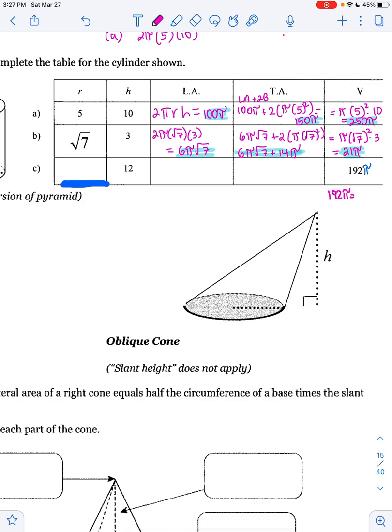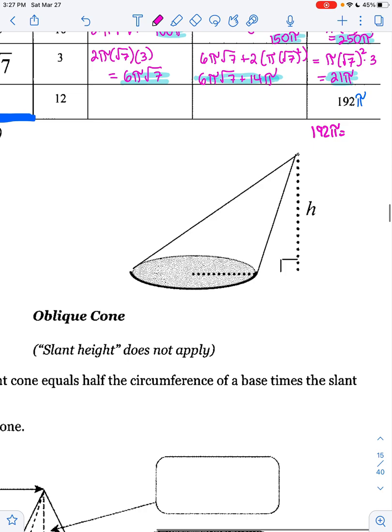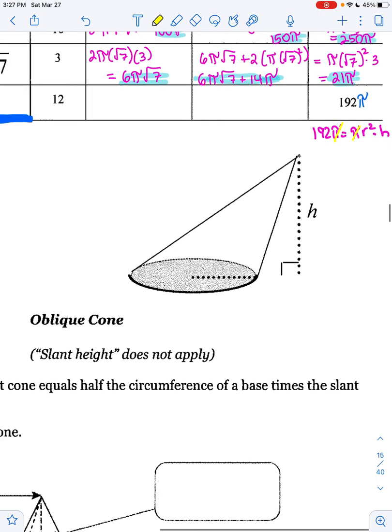Well, what is the formula for volume? The formula for volume was base times height, and my base was that of a circle, so pi r squared times h. Now, we'll notice that there's a pi on both sides, so you can divide out the pi, canceling on both sides, and we're left with 192 equals r squared times h.